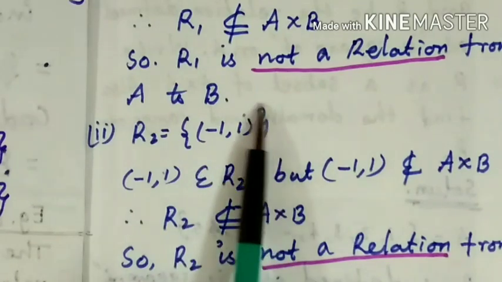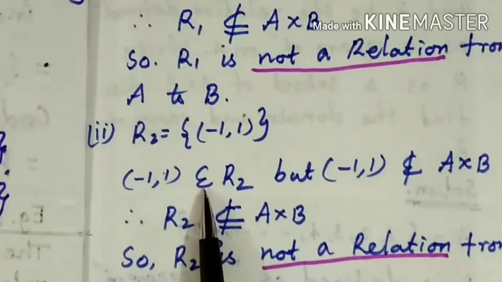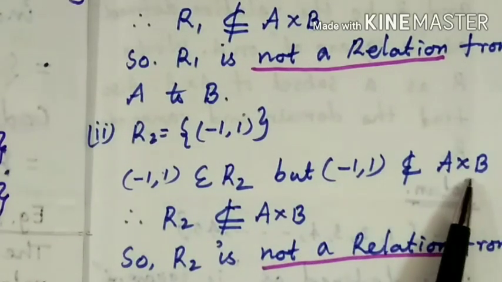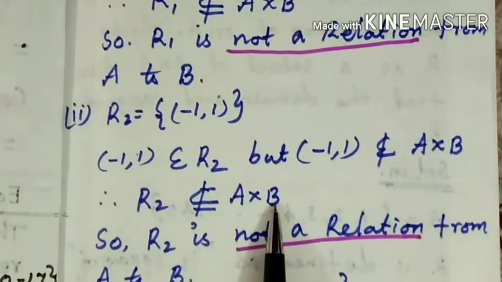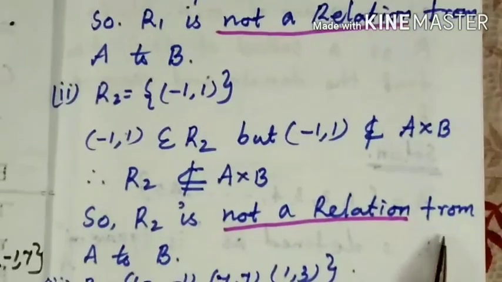Is it present in A × B? No. (−1, 1) belongs to R2 but not to A × B. Therefore R2 is not a subset of A × B, so R2 is not a relation from A to B.